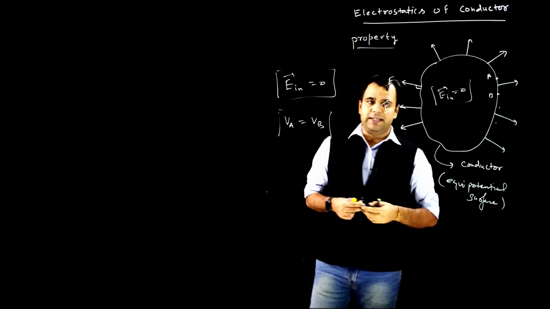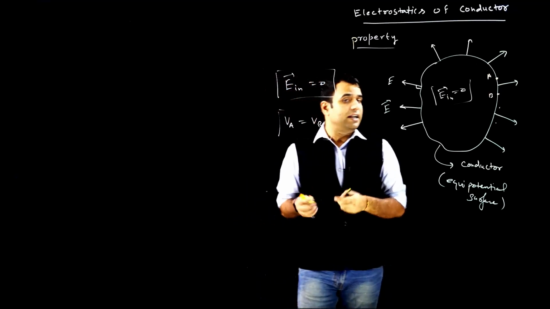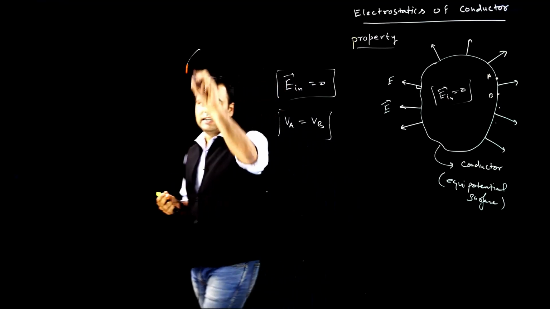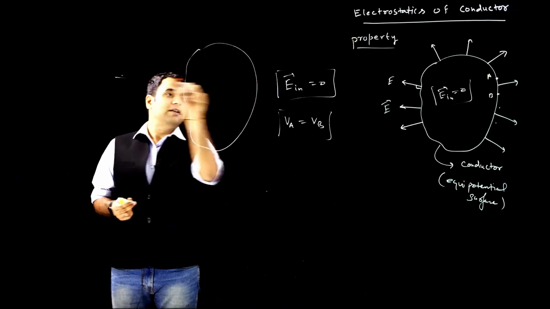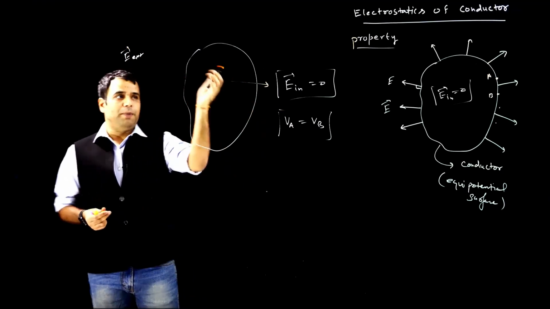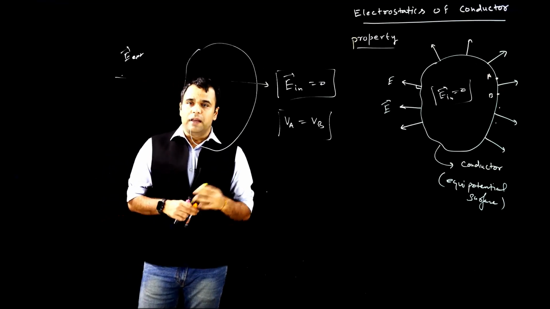There can be 2 cases, meaning if there is some external field. If I have this conductor and I place it in some external field, where the external electric field is non-zero, then what will happen?